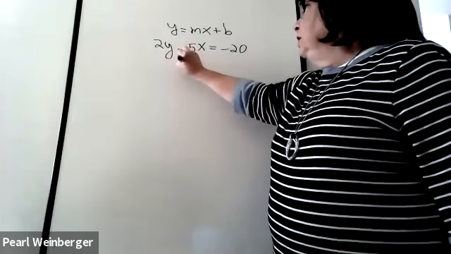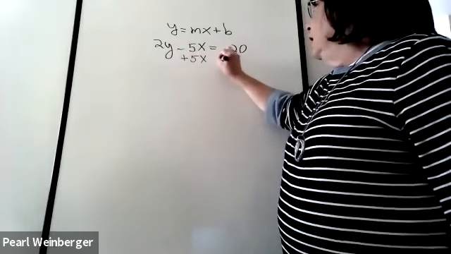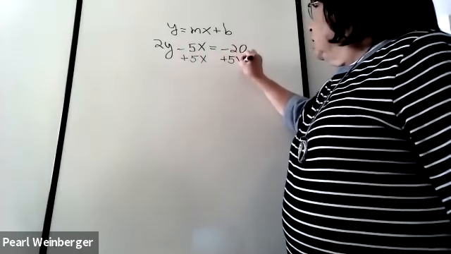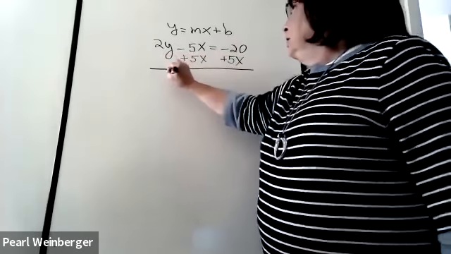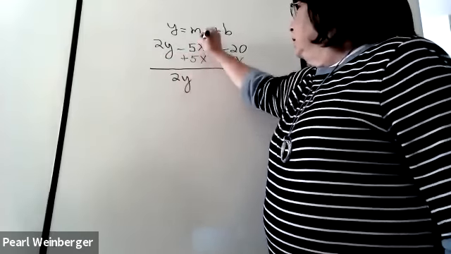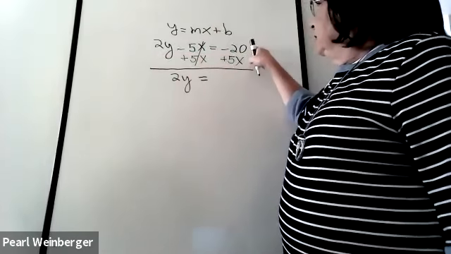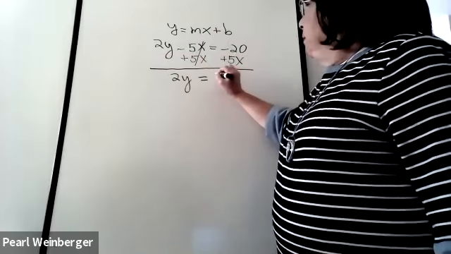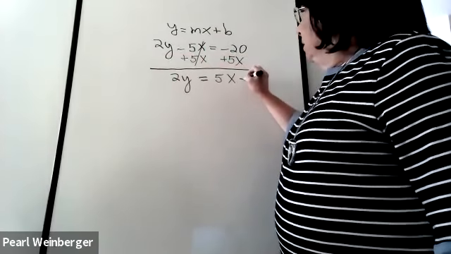So first I bring the -5x to the other side by adding 5x to both sides. So this gives me 2y, this cancels out, and I have on this side a 5x and a -20. We put the x term first, so it's 5x minus 20.